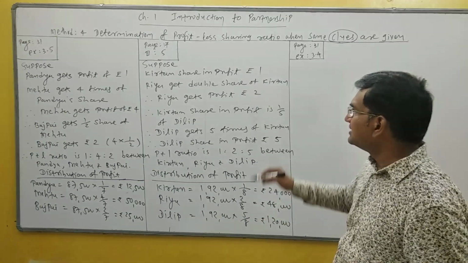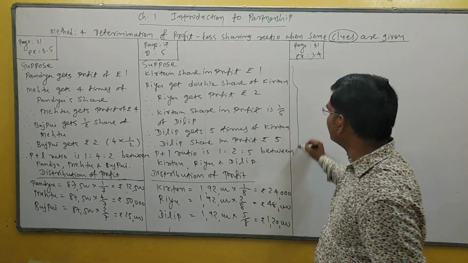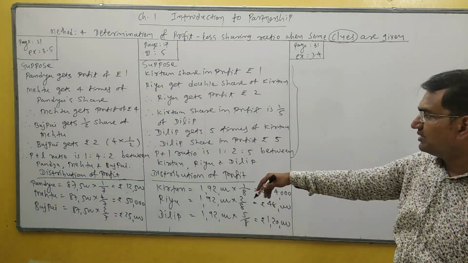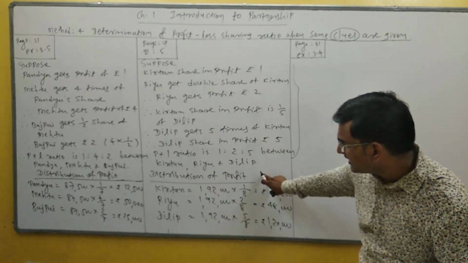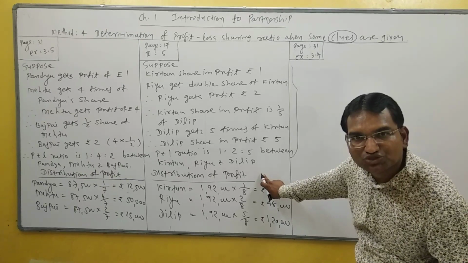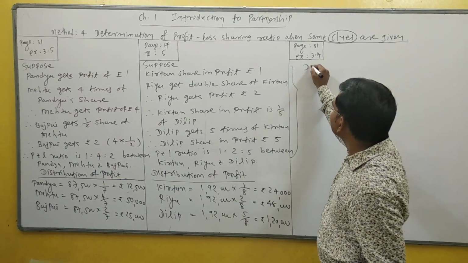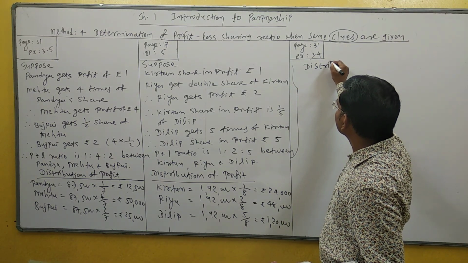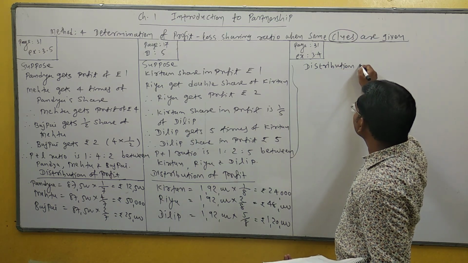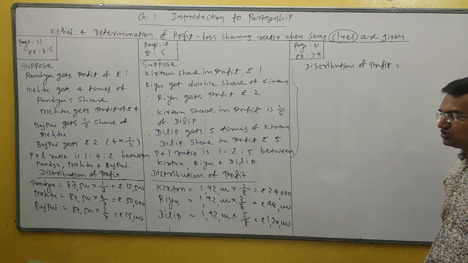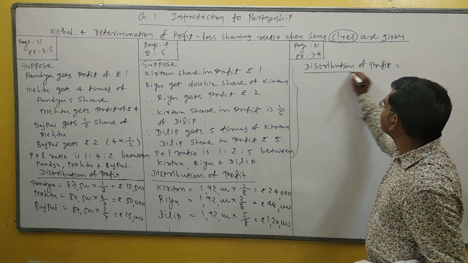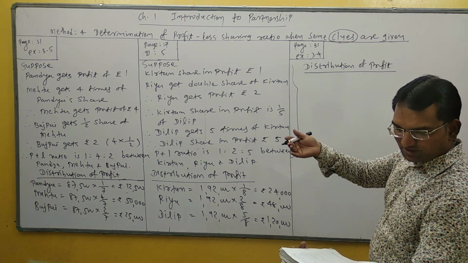So here this calculation is not required. No need for calculation to determine the profit sharing ratio, because the profit sharing ratio is given. We have to directly apply the last step, distribution of profit. So distribution of profit. Now one by one partner.